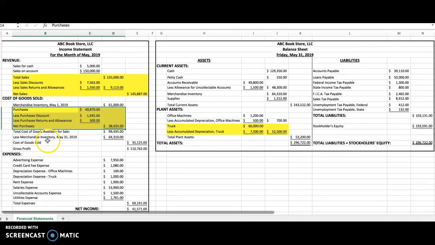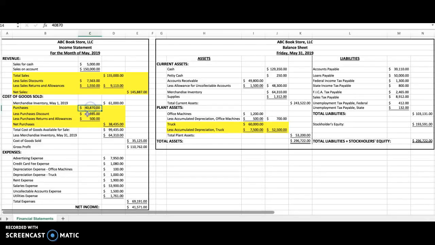So once again, this works the opposite of sales returns and allowances. This is how much we bought. The ABC bookstore bought $40,870 in purchases of merchandise, and we got discounts because we paid early. So this reduces the value of the purchases because this was something we did not have to pay.